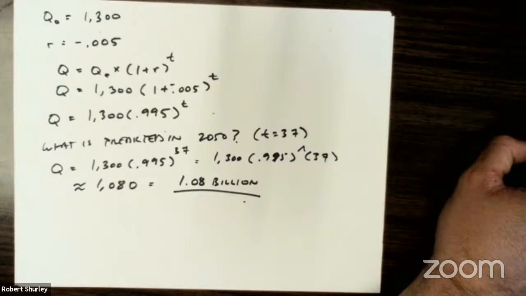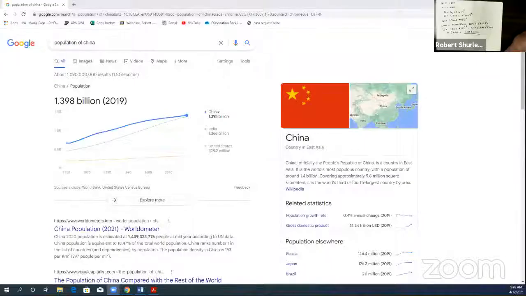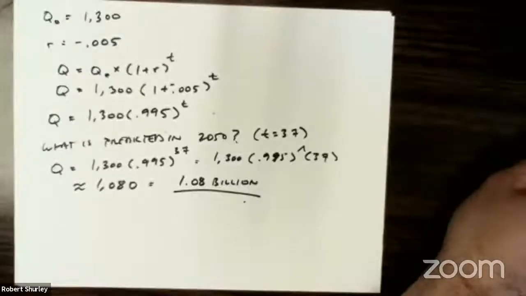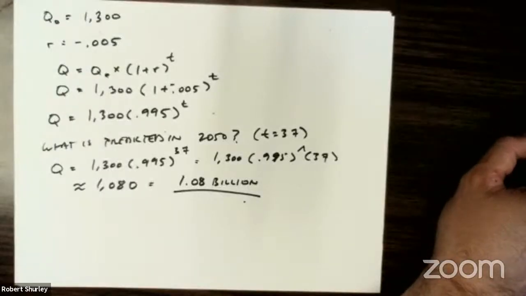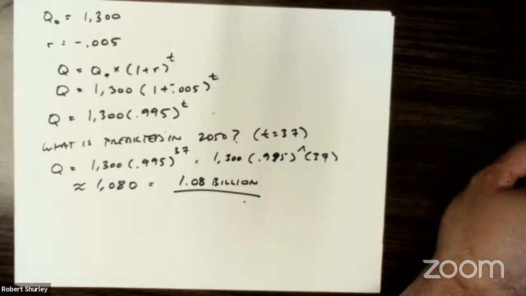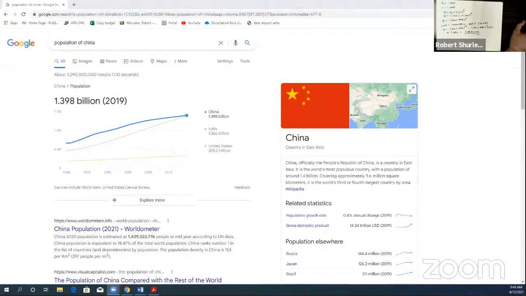I just Googled, let me share my screen. It's pretty neat. And it really gives you a good real-world example of, nope, hold on, that's not the right screen. Share screen, I want the screen with China on it. Okay, so here is, hold on a second.